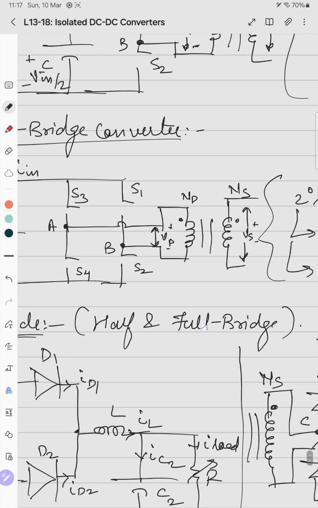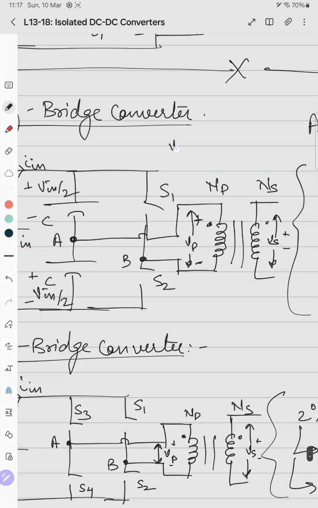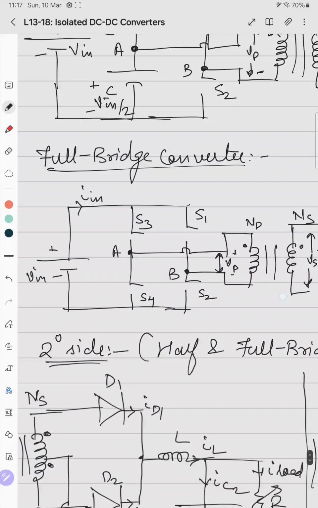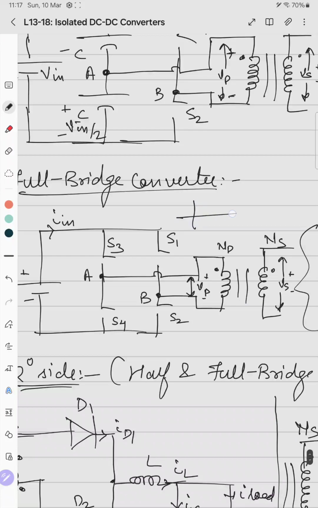So in this case the VP voltage is of this polarity. So this becomes V in by 2 and this becomes minus V in by 2. In this case, we have three possibilities: plus V in, minus V in, and 0. So in order to have an equal distribution of the waveform, or for symmetry, we split this voltage like this.